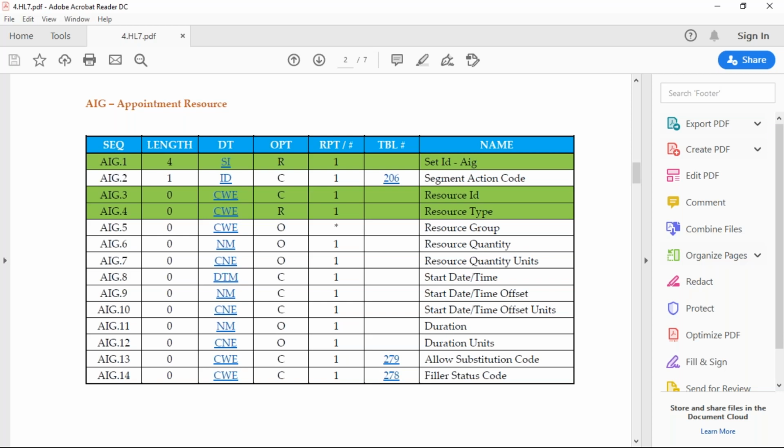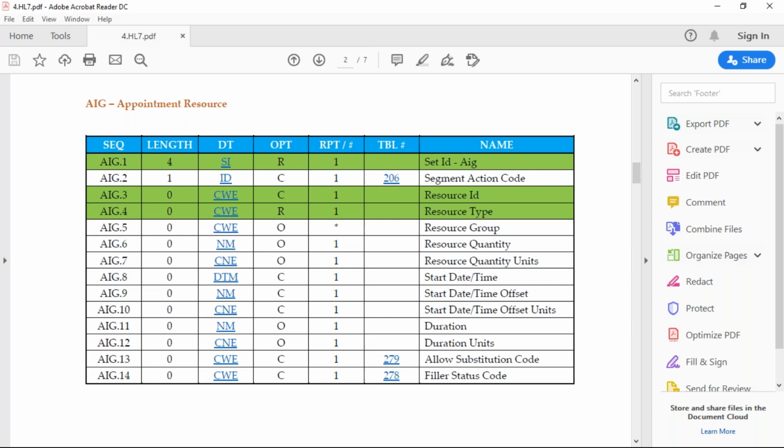So we'll have AIG3 as the provider ID, which is the resource ID, and AIG4 will have the resource type, which is provider. And AIP will also have the same doctor information in the AIP segment. So whenever the provider himself is the resource, then AIG and AIP will be the same.